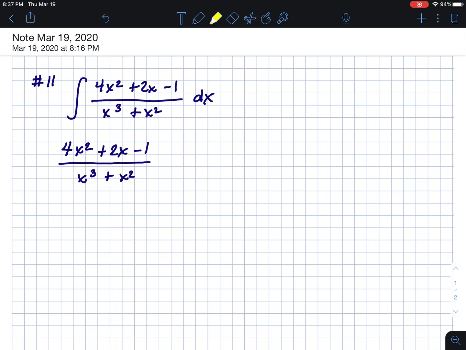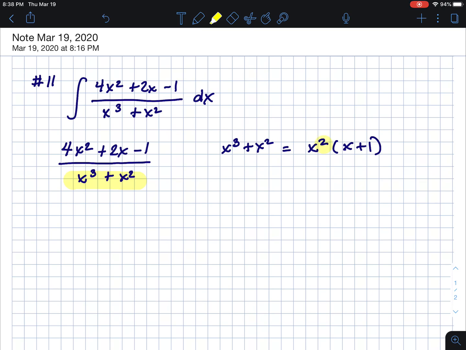All right, so let's take a look at this x cubed plus x squared, and we're going to factor that out. So we have x cubed plus x squared. That's going to equal x squared times x plus 1. Now the one thing that we want to look out for is this squared right here, and it's all by itself.